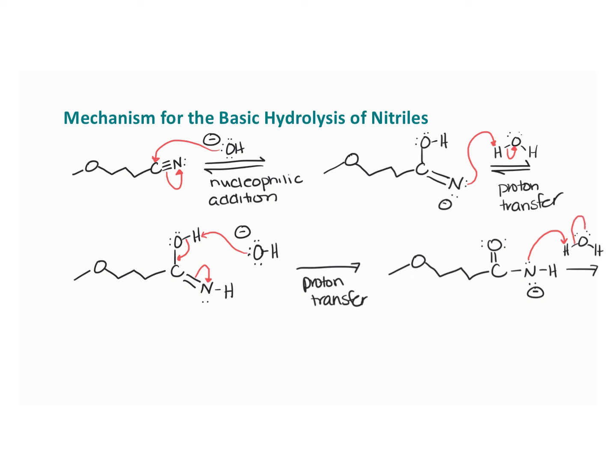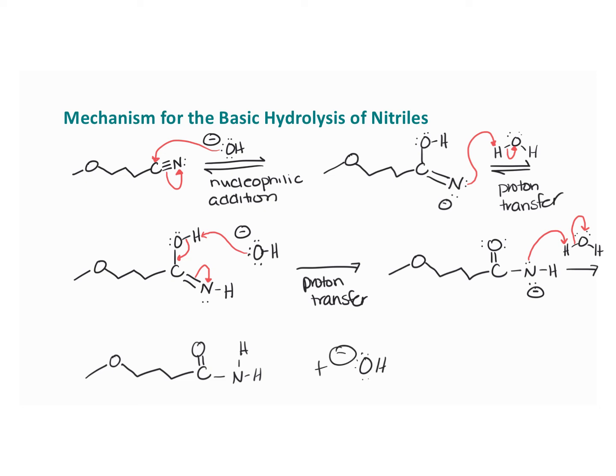And these electrons are going to go back on the oxygen. And so now we have our primary amide, and then an OH minus.